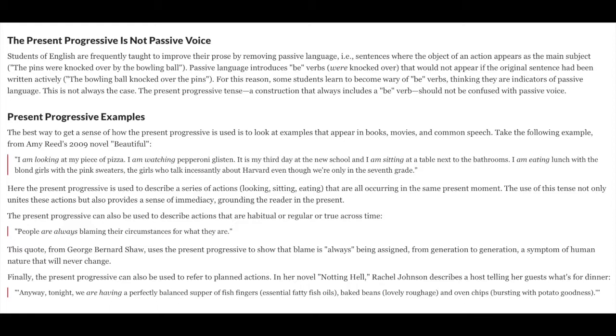Finally, the present progressive can also be used to refer to planned actions. In her novel, Nothing Held, Rachel Johnson describes a host telling her guests what's for dinner. Anyway, today we are having a perfectly balanced supper of fish fingers, essential fatty fish oils, baked beans, lovely rough hedge, and oven chips bursting with potato goodness.